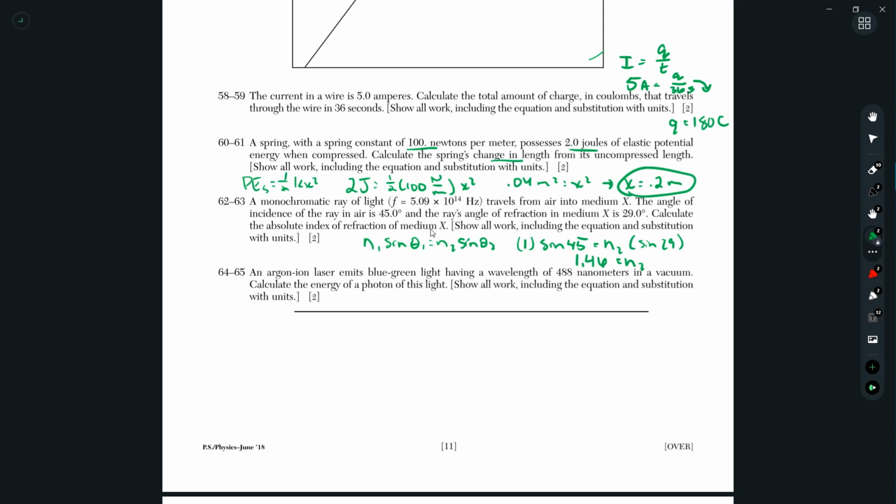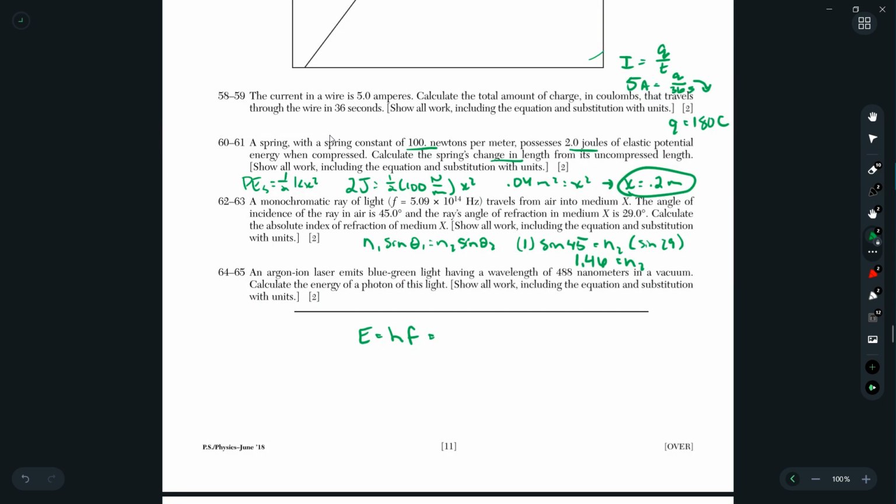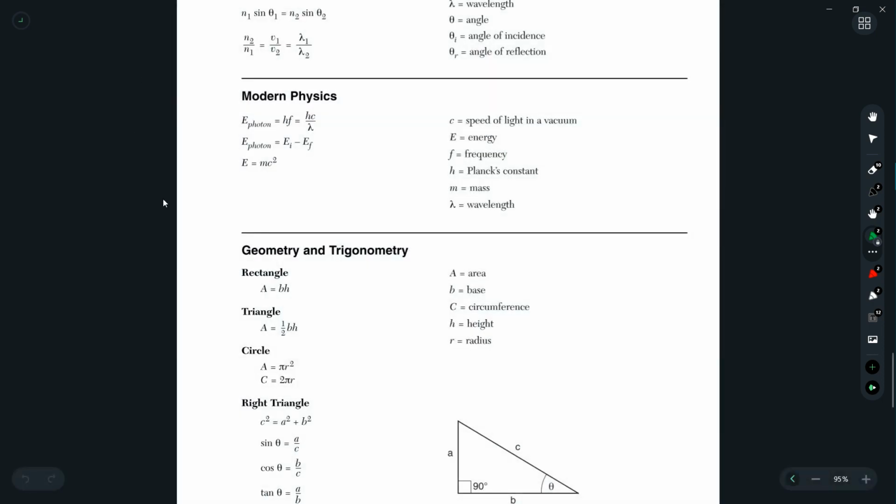Alright, and then the energy of a photon of this light. Well, energy equals h times f, or also h times c over lambda. So that means it is 6.63 times 10 to the negative 34th joule seconds. What are the units for Planck's constant?